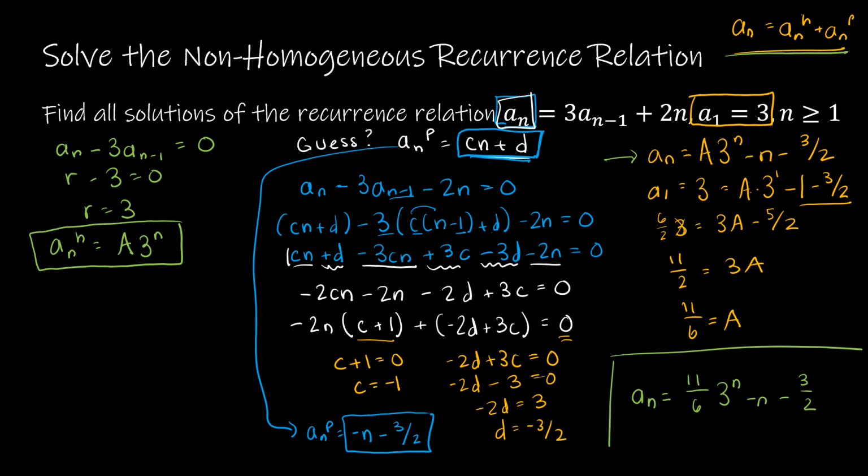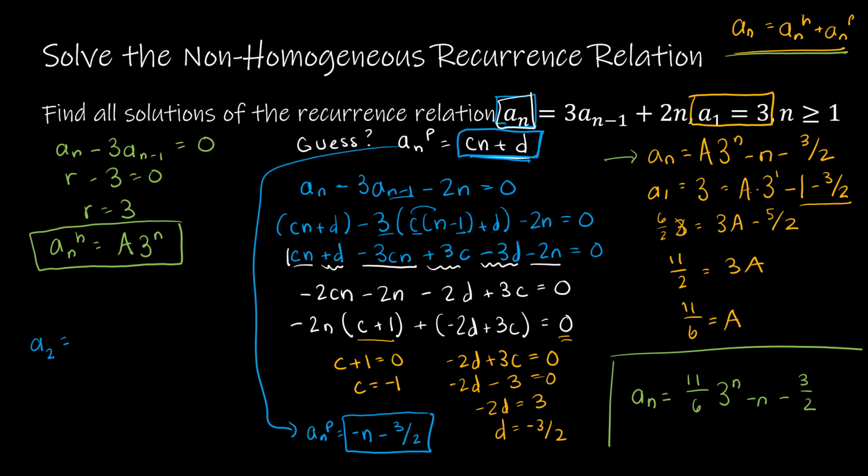Woo, that was a lot of work. But the real question is, did we do it right? So we did previously find some values of that recurrence relation without using the explicit function. So let's just compare. Let's take a look at a sub 2.